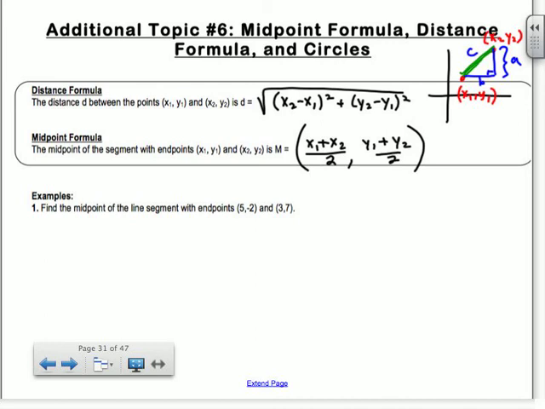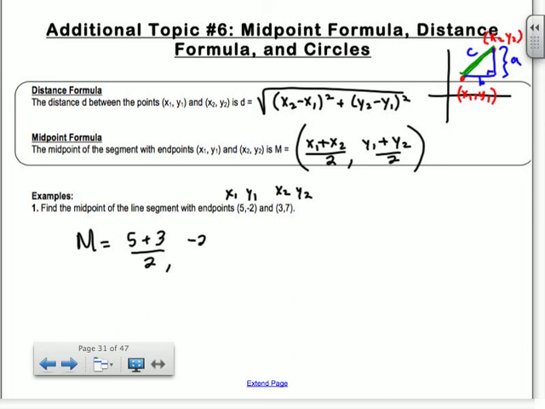So number 1, it says find the midpoint of the segment with endpoints (5, -2) and (3, 7). You can write x1, y1, x2, y2 if that helps you. But basically when you're finding the midpoint, all you're doing is averaging the x's. So your x values were 5 and 3. It's 5 plus 3 divided by 2.